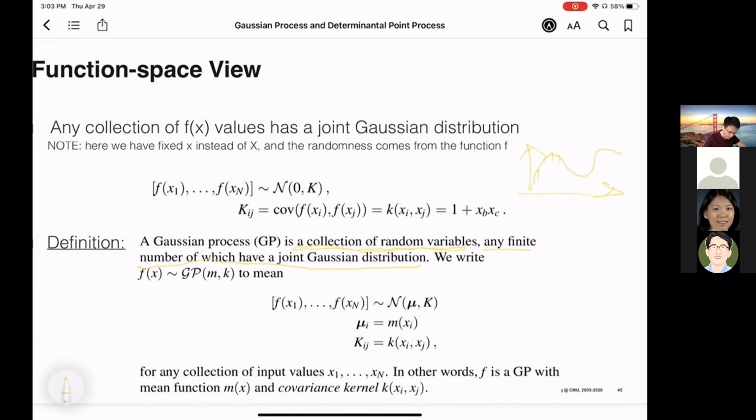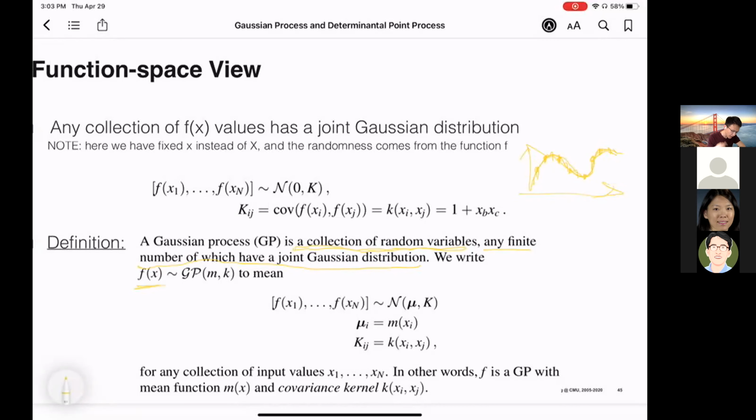And it has infinitely many values on it. But if we pick finitely many points on this curve, they follow a joint Gaussian distribution, right? If these two assumptions are satisfied, then the infinitely many data points, the whole curve itself, is a Gaussian distribution.